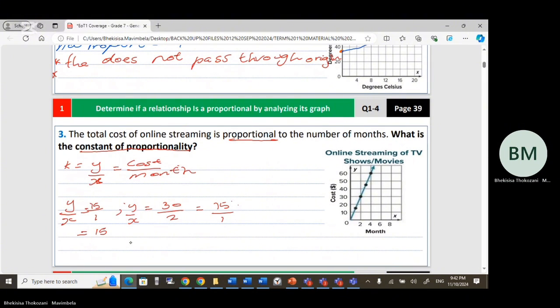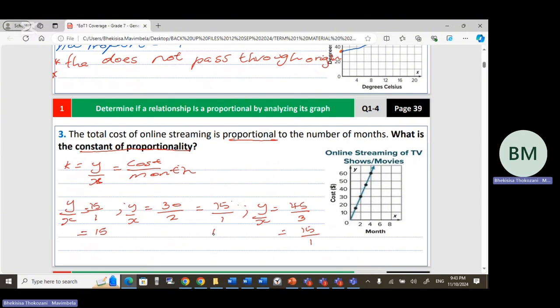We look at the next one, another Y over X. We have another point here, which is 3 to 45. So 45 divided by 3 will give us another 15 over 1.